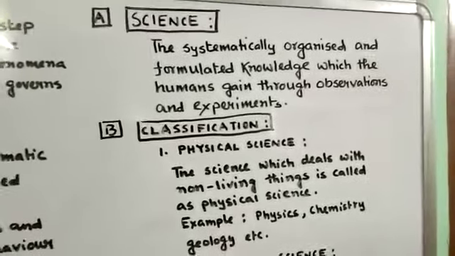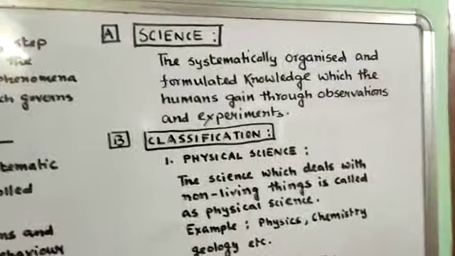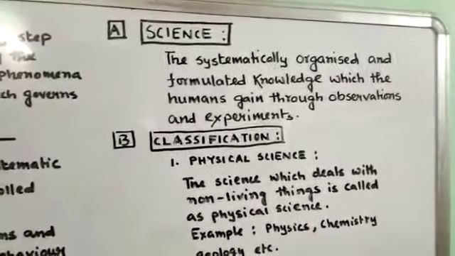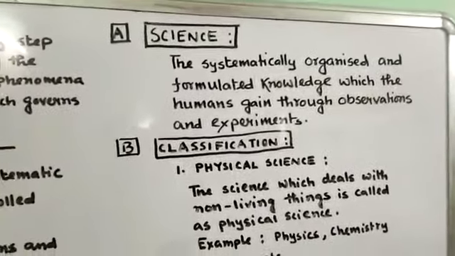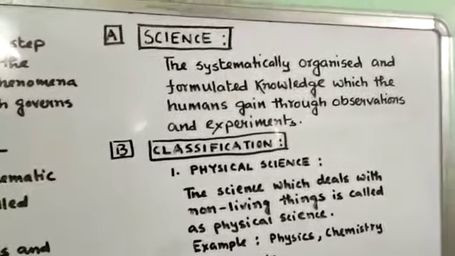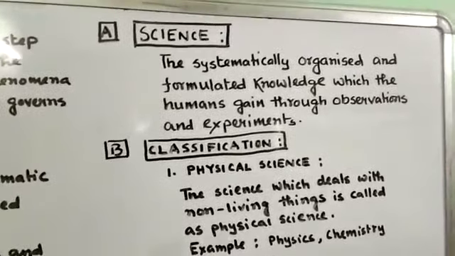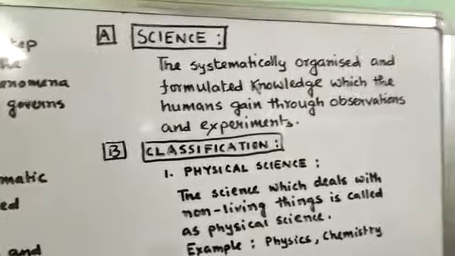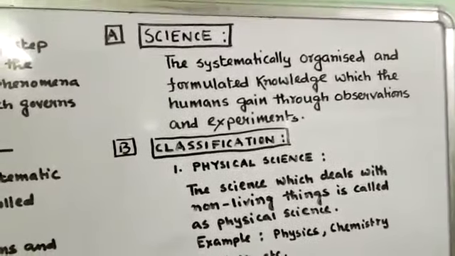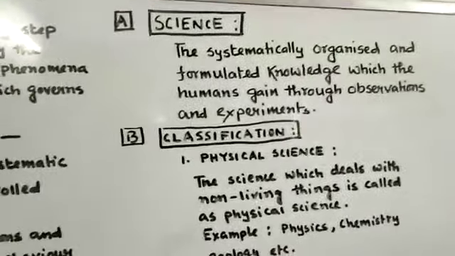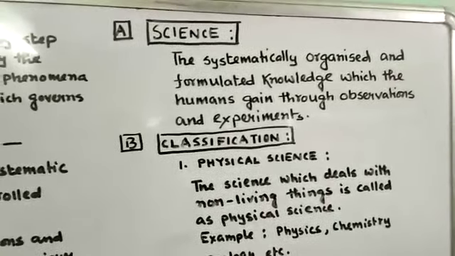A few words are very important: organized knowledge, formulated knowledge, and observation and experiment. These are the important words in the definition of science.